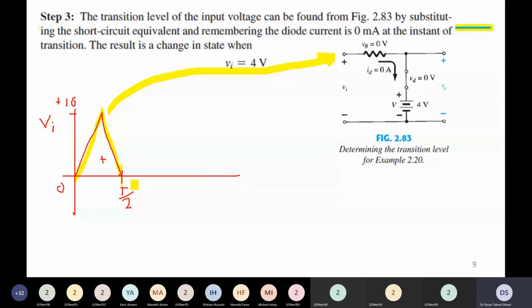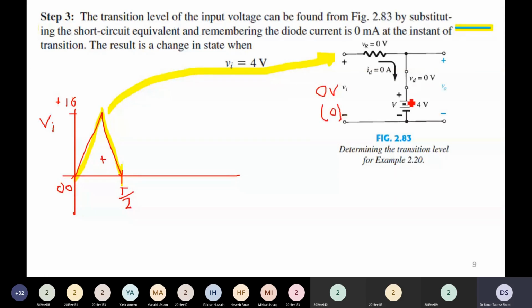So we have to look into what happens during the positive slope and what happens during the negative slope. So at time equal to 0, this is time 0, the input voltage is 0 volts.